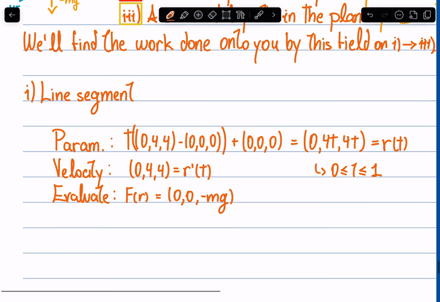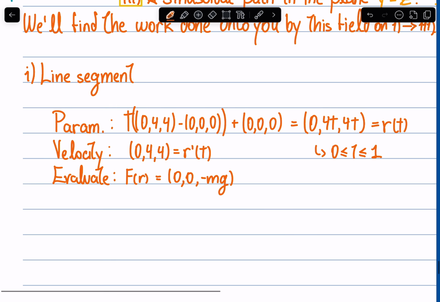This calculation won't be repeated. But then we take the dot product and we get F of r dotted with r prime, and this is 0 times 0, 4 times 0, and 4 times negative mg. This is negative 4mg.